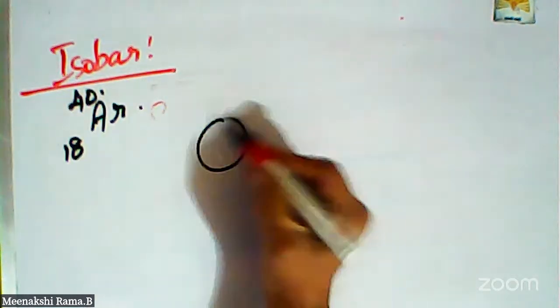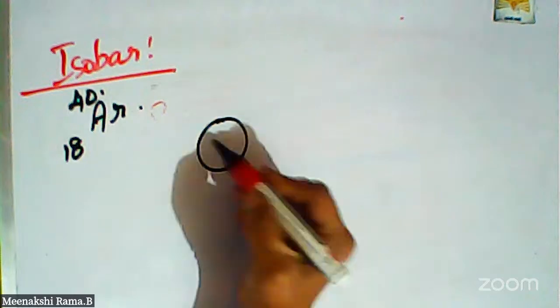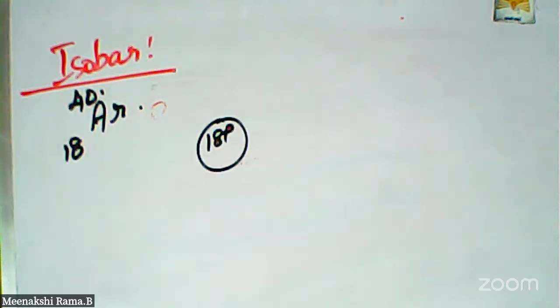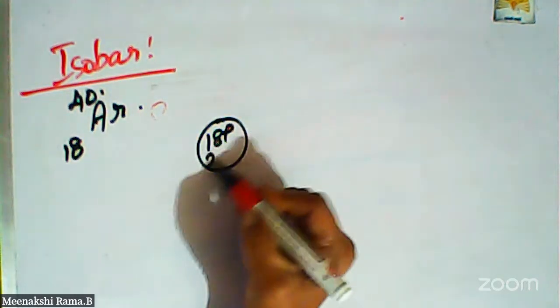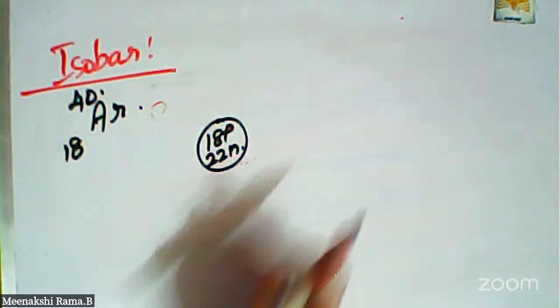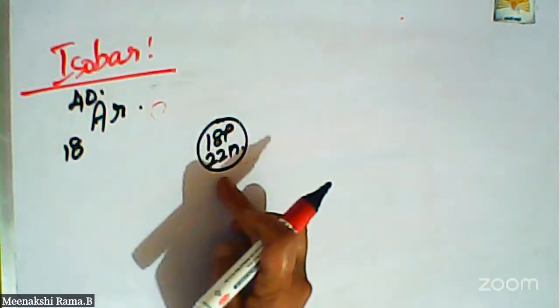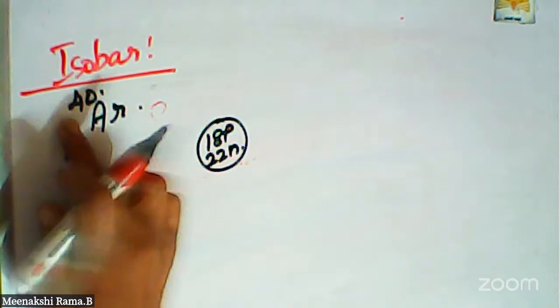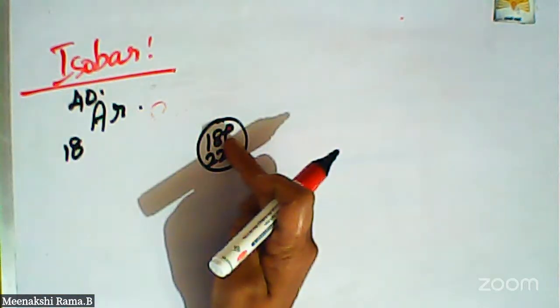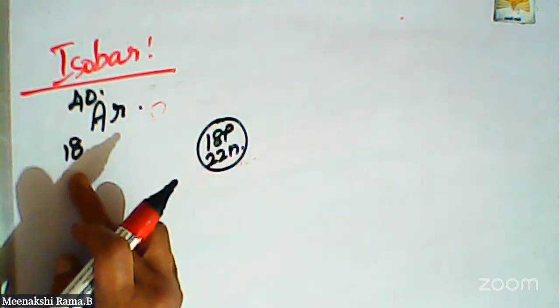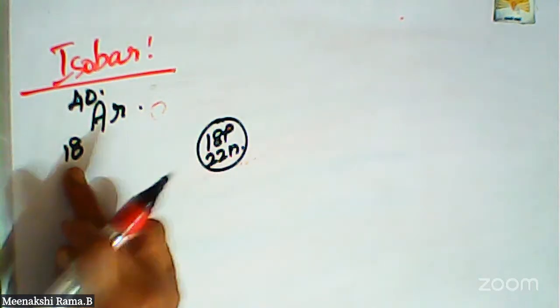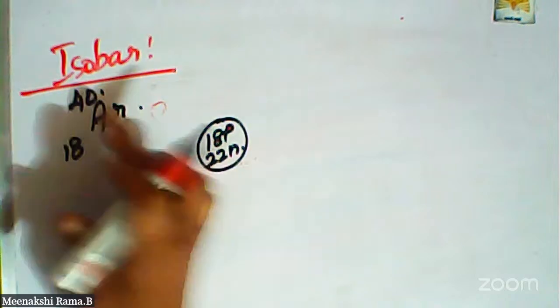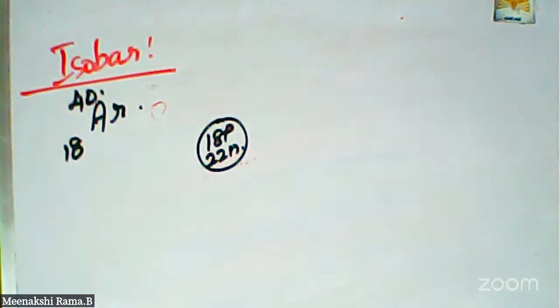So in the center part there are 18 protons and 22 neutrons. The sum of 18 and 22 is 40, that is the mass number. The 18 protons denote the atomic number.